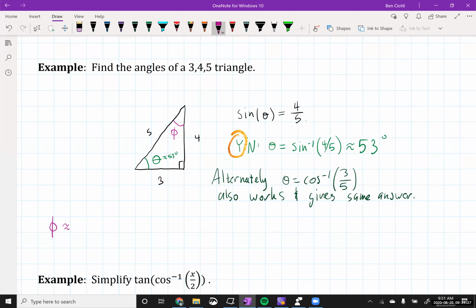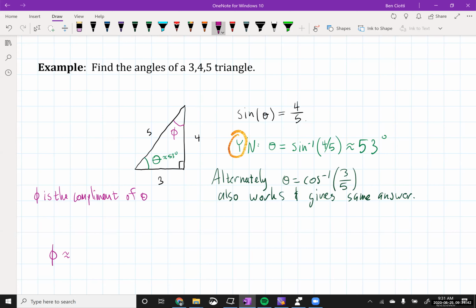Phi is the complement of theta. So some of you have been working with complements on the homework, I know. How do you take the complement?